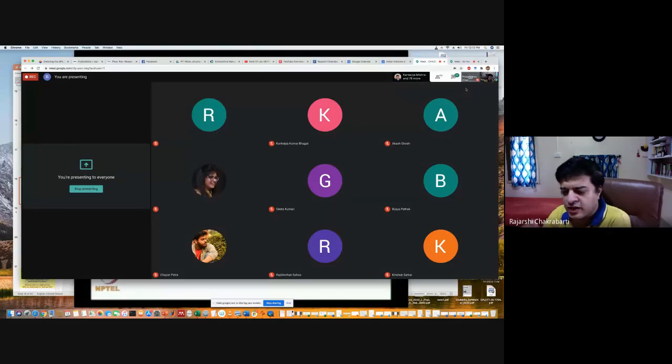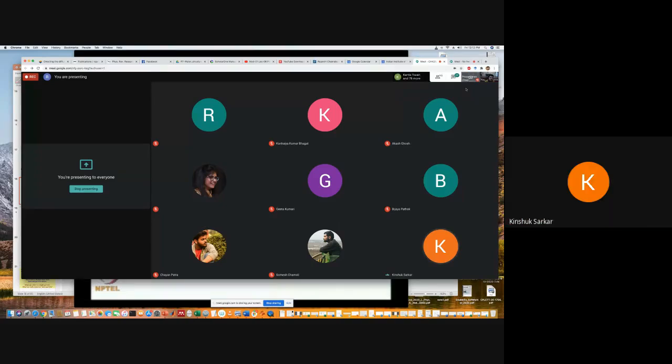Now Kingshuk Sarkar, are you there? Yes, sir. So you have any question? Sir, I was wondering, we are observing the electrons with the help of the clicking made on the sensor. So, I say that we have two sources of electron, one with higher energy and one with lower, will it affect the interference pattern?